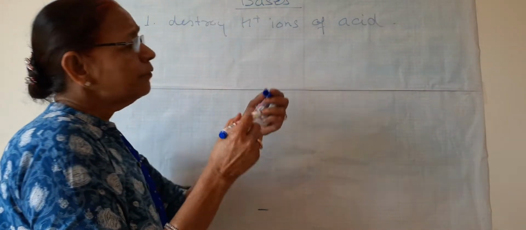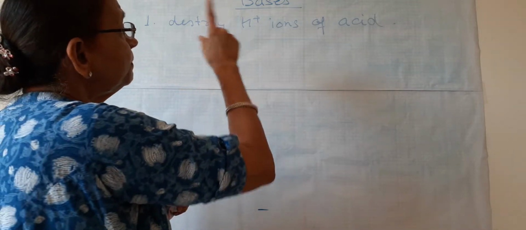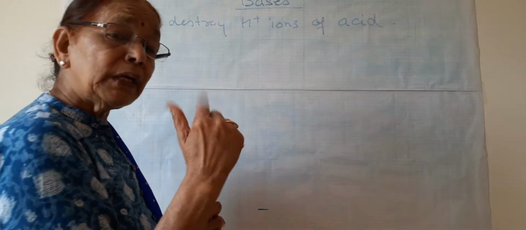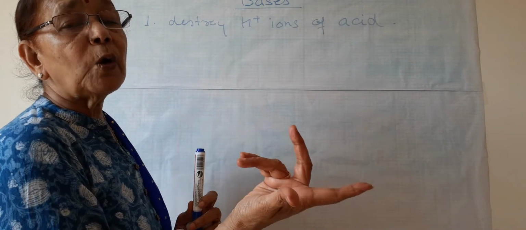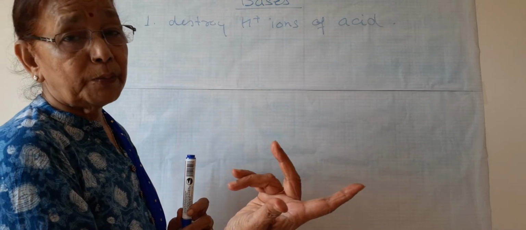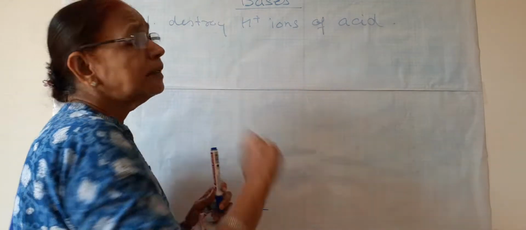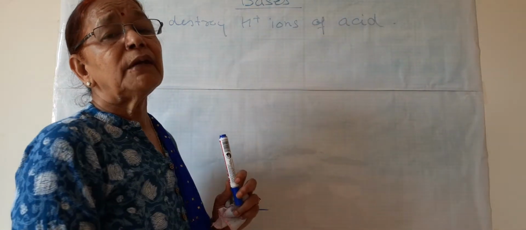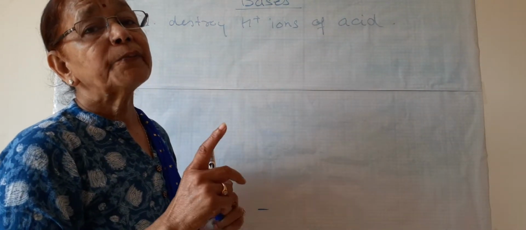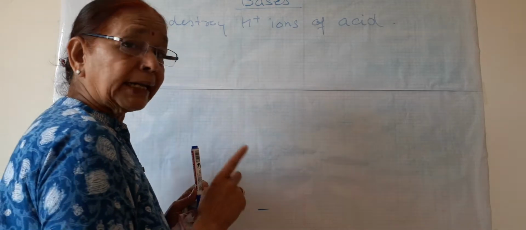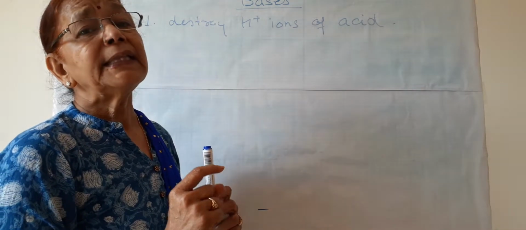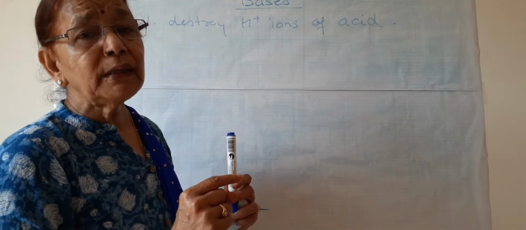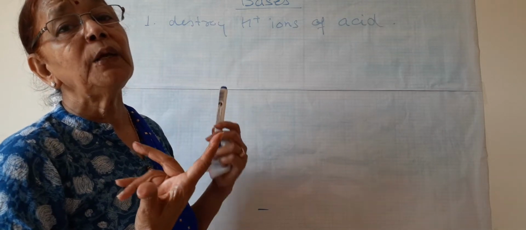When H ions of acids are destroyed by bases, they neutralize the acid, and salt and water are formed. So this is the main characteristic of bases, that with acids they form salt and water.